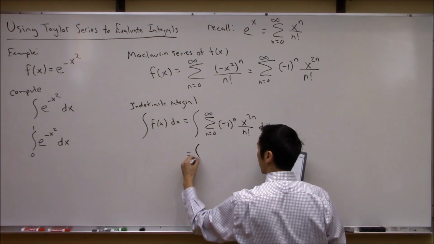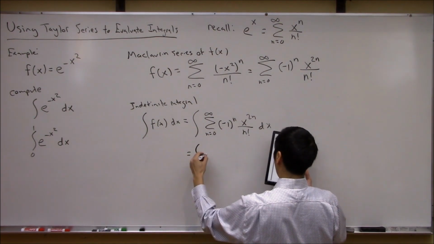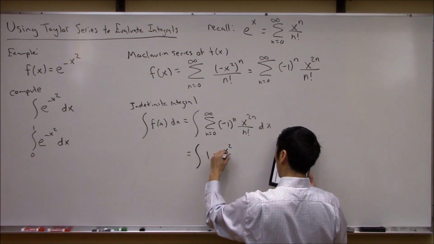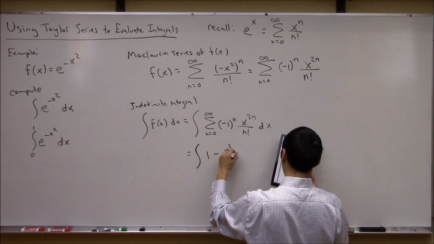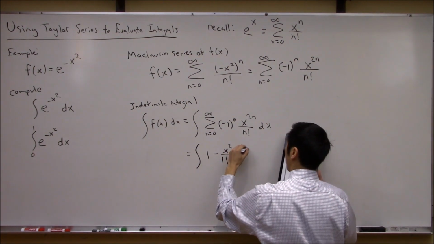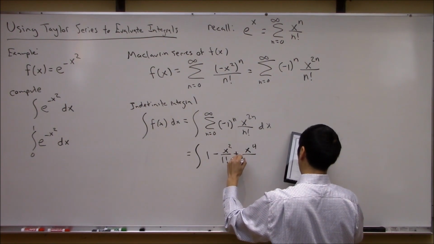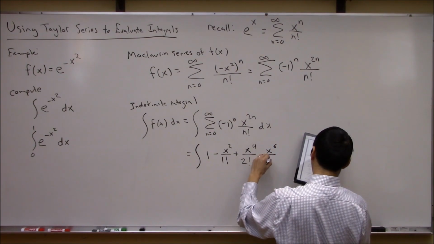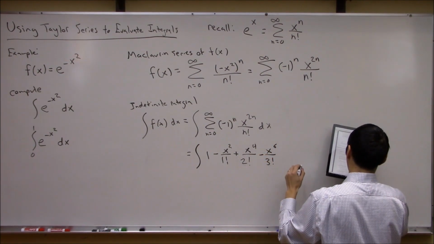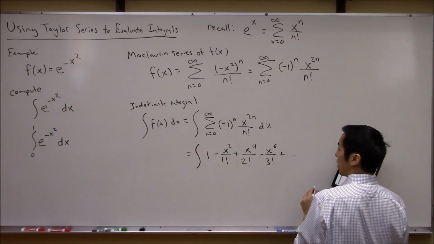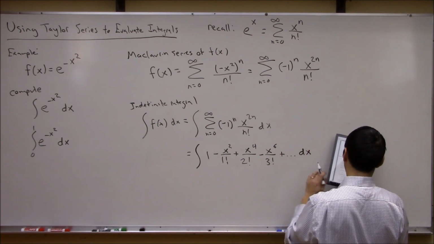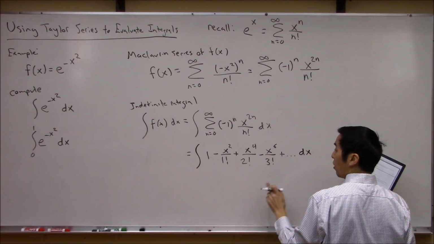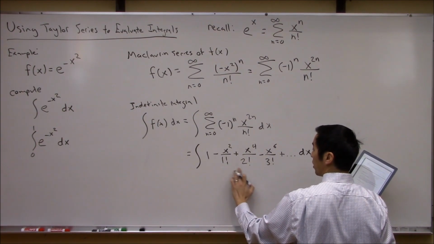This becomes 1 minus x squared all over 1 factorial plus x to the 4th all over 2 factorial minus x to the 6th all over 3 factorial plus yada, yada, yada. I think everyone sees a pattern at this point, dx.